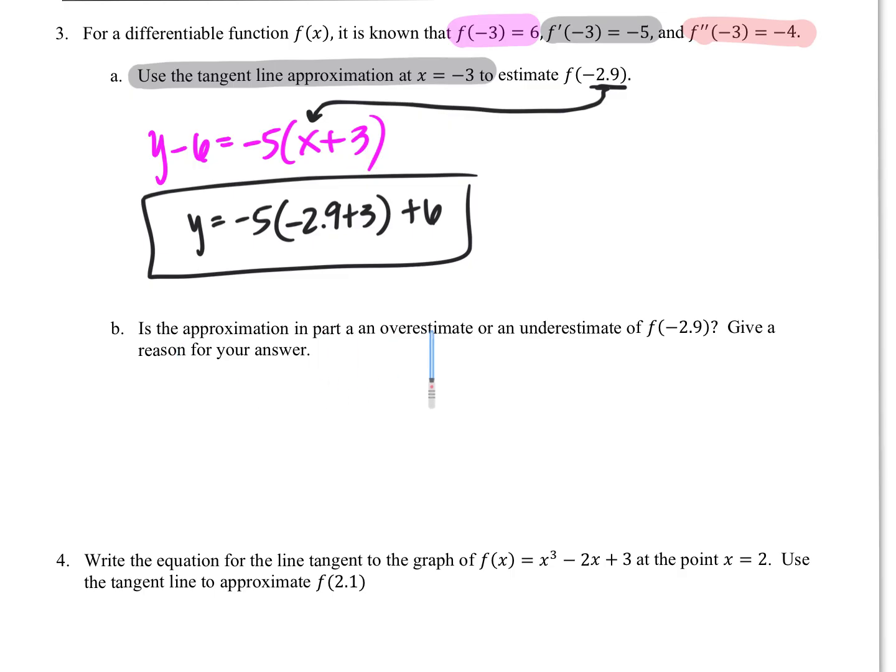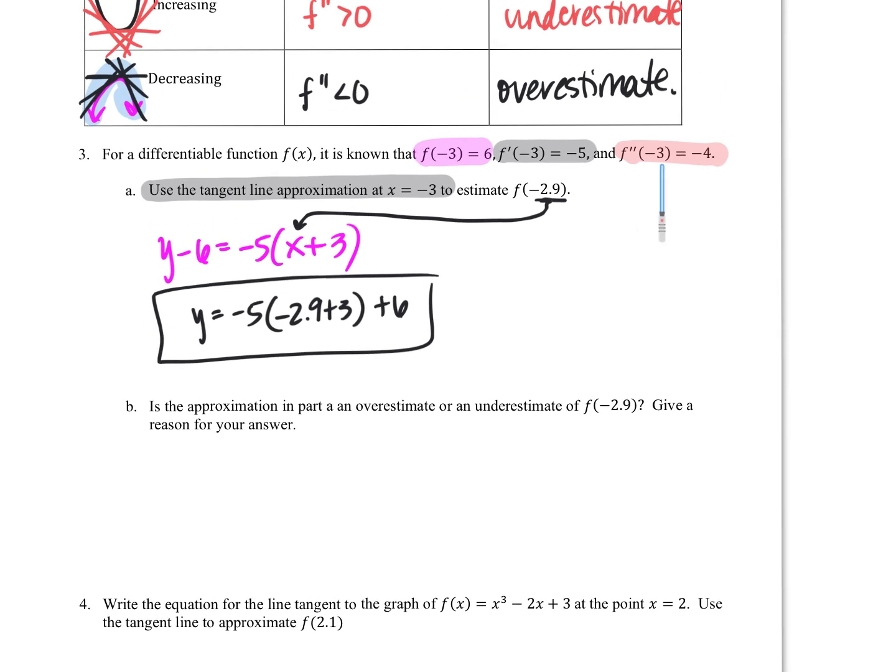Is the approximation an over or an underestimate when x is negative 2.9? Well, you guys, look what they said. My second derivative is negative. So that means my graph is going to look like this. That means my graph is going to look like that. What would a tangent line always be if my graph is concave down?